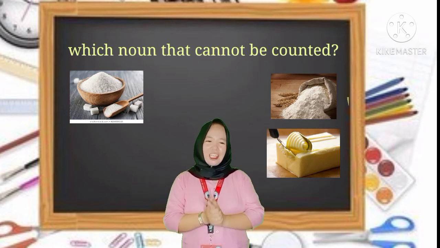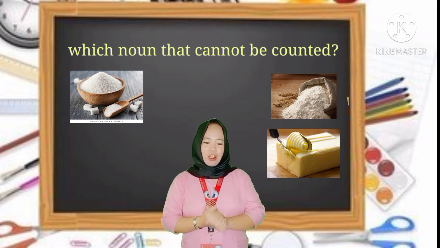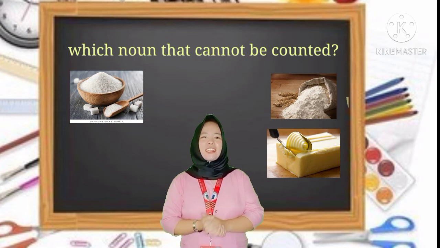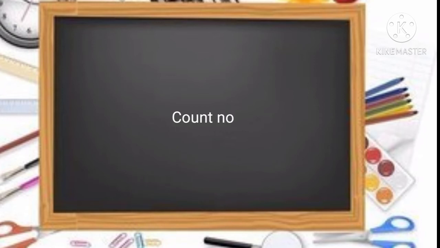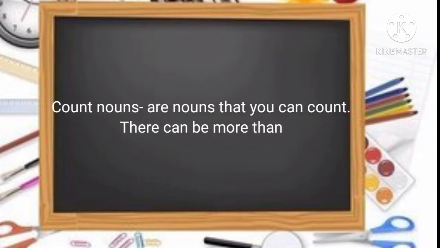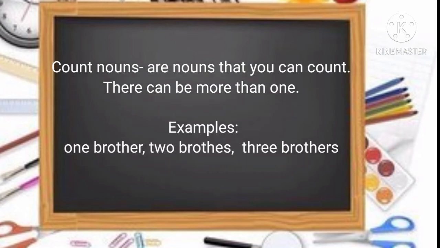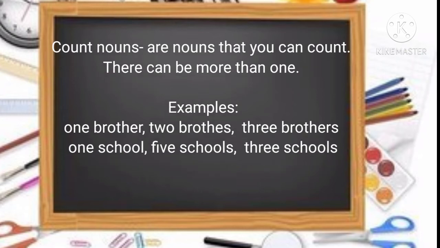Alright then, to help you understand more about the topic, let's have some discussion and examples of mass nouns and count nouns. Count nouns are nouns that you can count. There can be more than one. Examples: one brother, two brothers, three brothers.